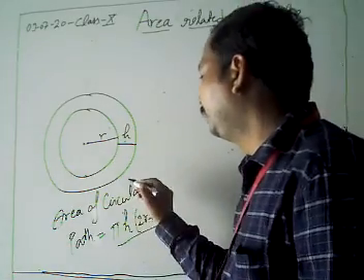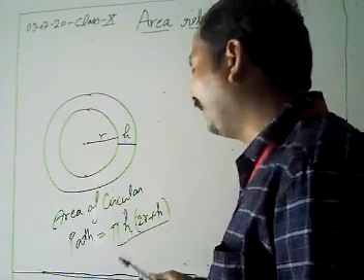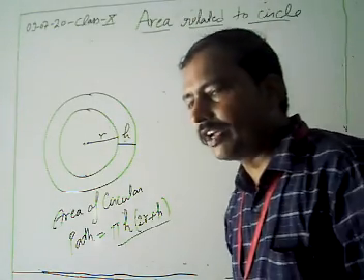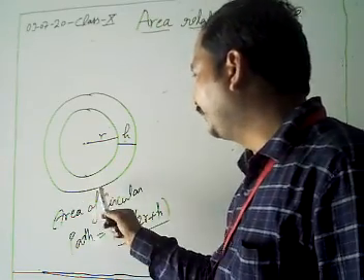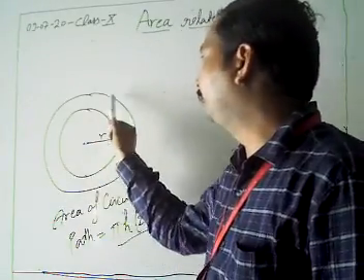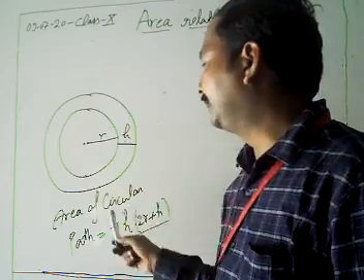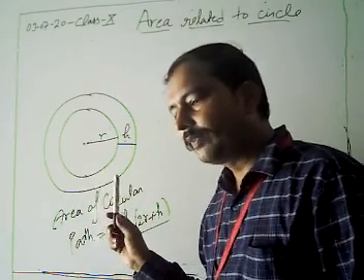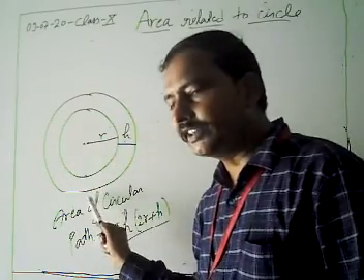We have to find out the area of this path, which is given by pi into h in brackets 2r plus h. How can we get this area? First of all, we find the area of the bigger circle. Since it forms a circular ring, the area of the ring is the area of the bigger circle minus the area of the smaller circle.